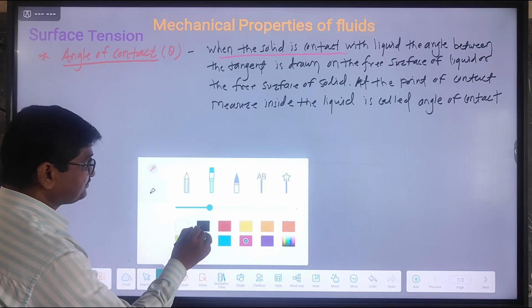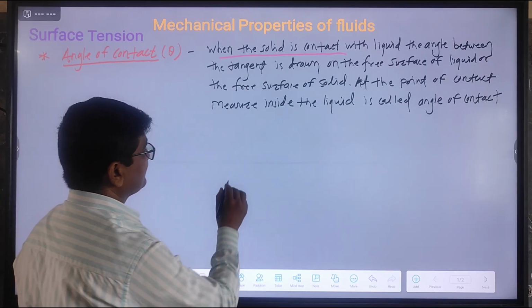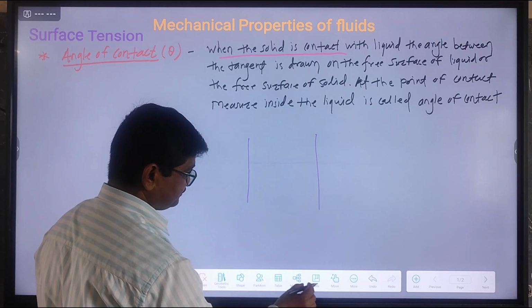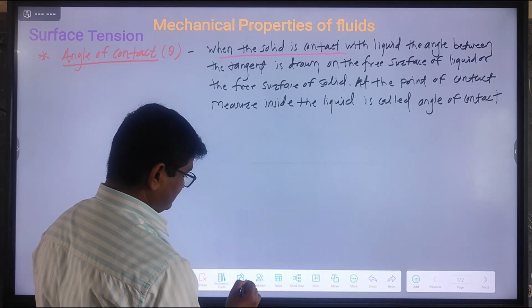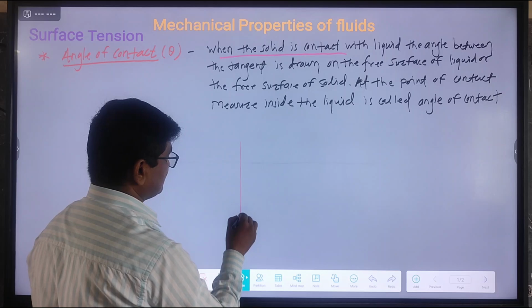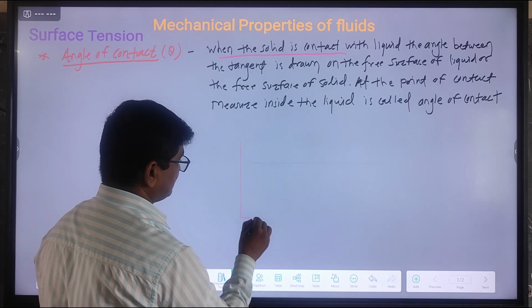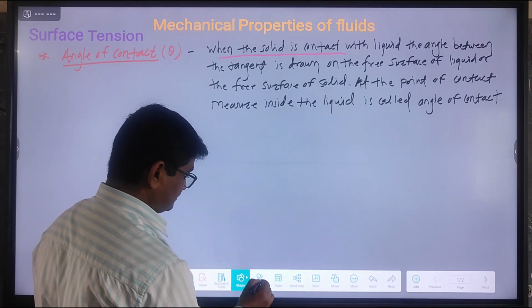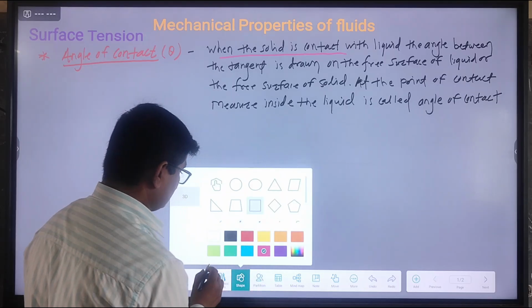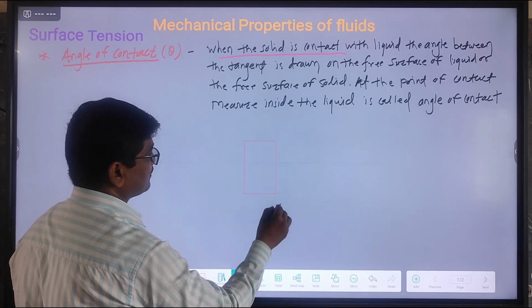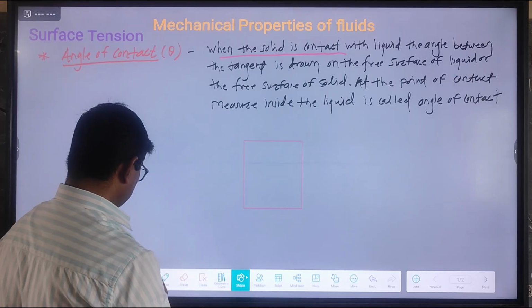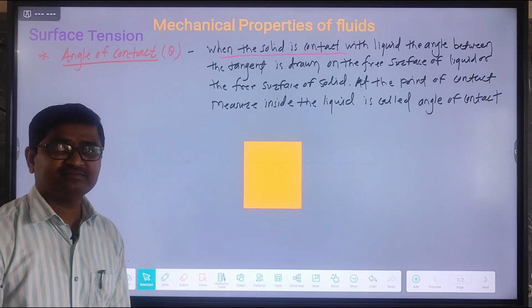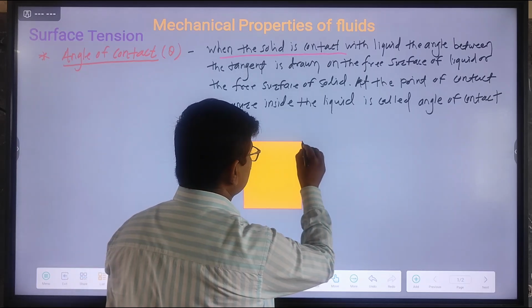So imagine that this is the solid, and we know that the solid is in contact with liquid.